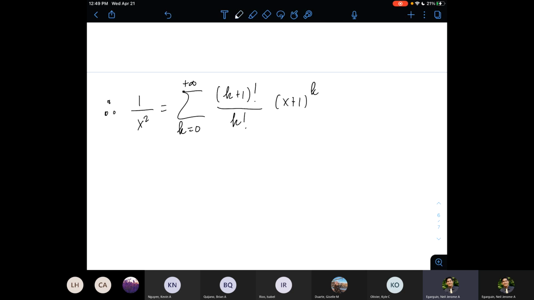And then here we can further simplify. Remember that k plus 1 factorial all over k factorial will only leave us with a k plus 1 in the numerator. So essentially the simplified expansion for 1 over x squared will just be the sum of k plus 1 times x plus 1 to the k, k going from 0 to infinity.